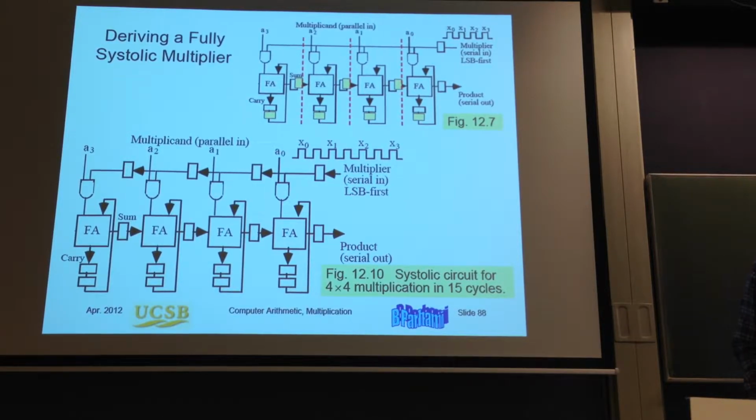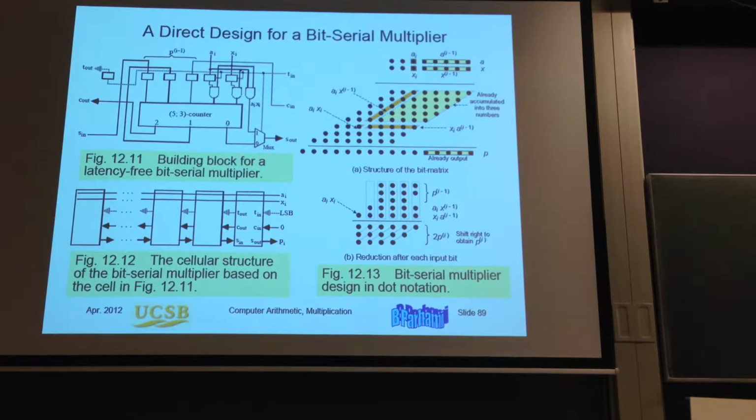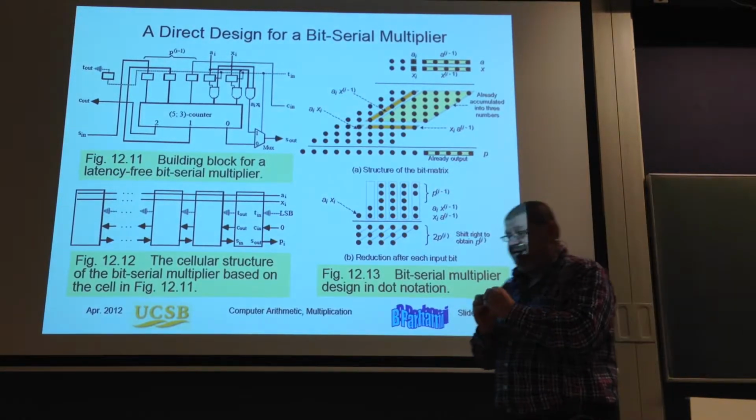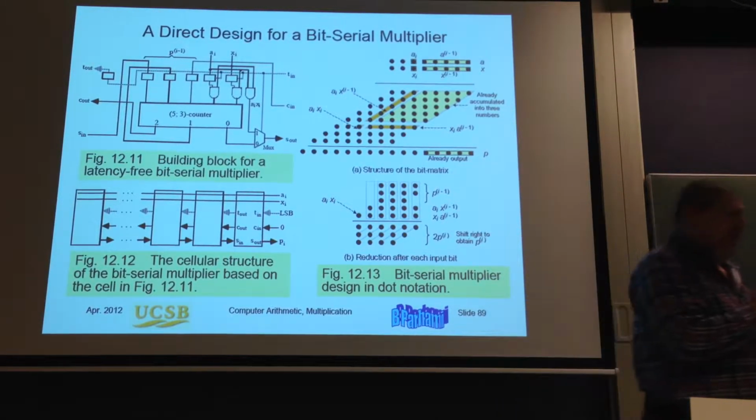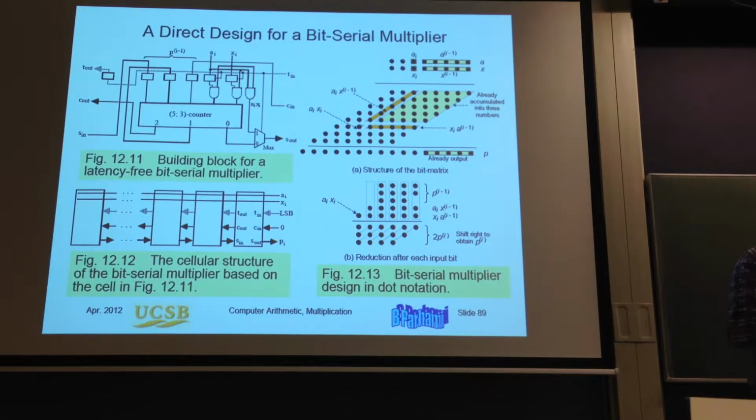You can say, okay, I'm waiting for A, I'm storing A until the end, and then I'm starting the calculation. Now, a good serial multiplier should be able to deal with both operands coming in a serial fashion. And this is a design of such a multiplier, which is a bit more complicated.